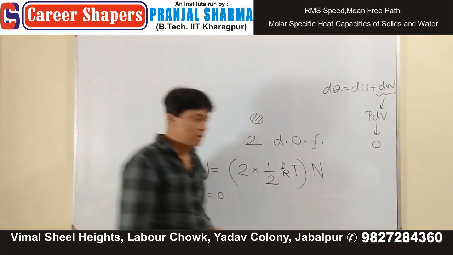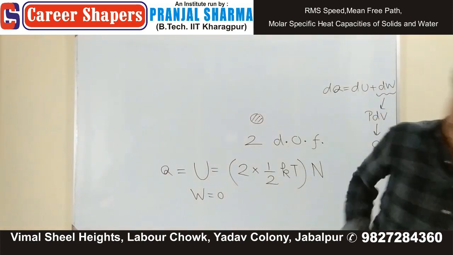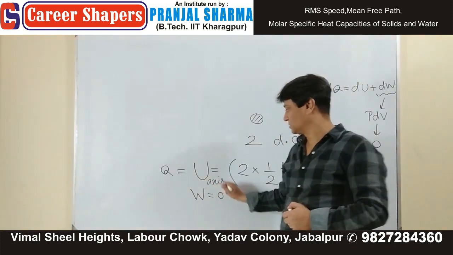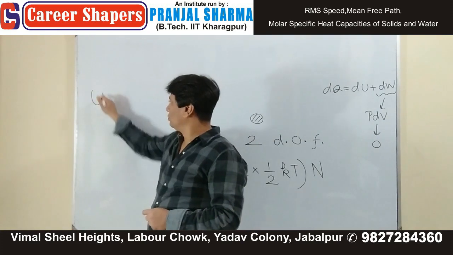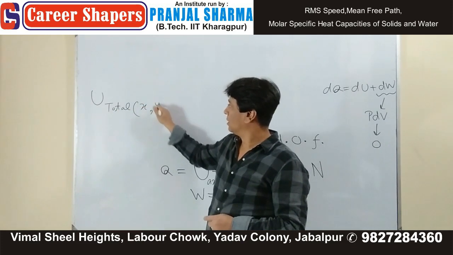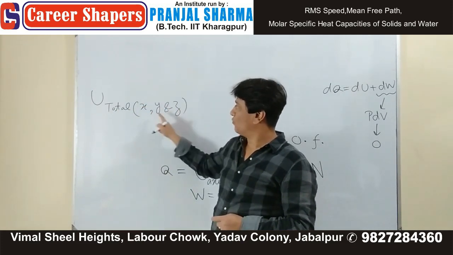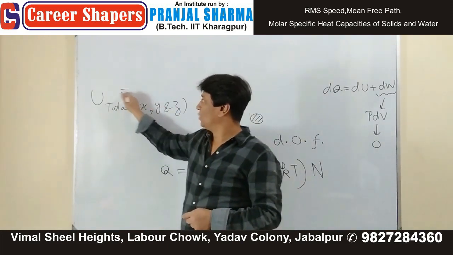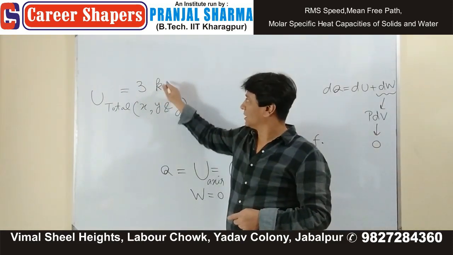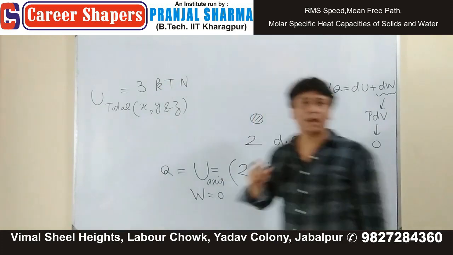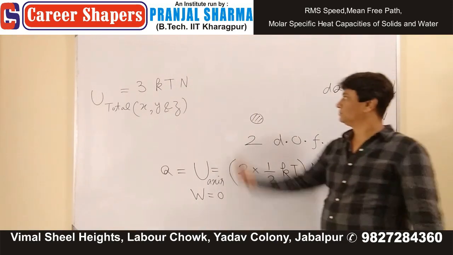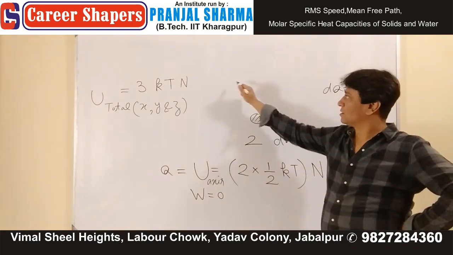There are 3 axes, and therefore total internal energy U total for X, Y, and Z will be 3 times kT multiplied by N. Now, we are interested in the molar specific heat capacity of solids.